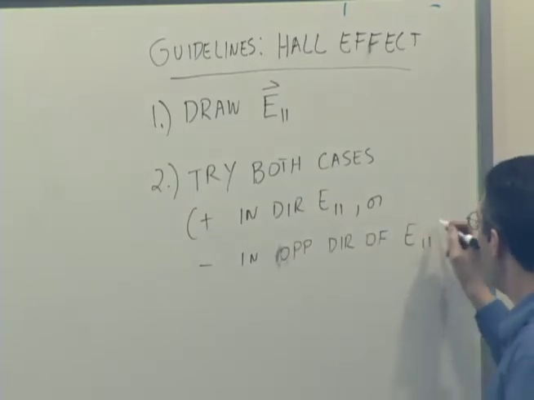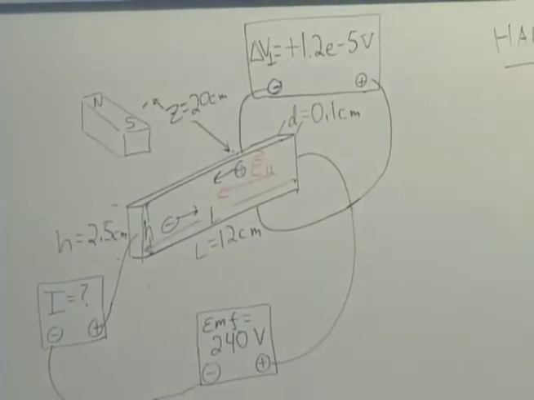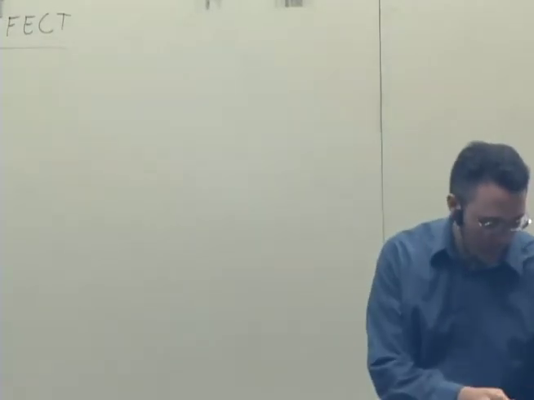What we're looking for is which case gives us the correct voltmeter reading. If we already know the voltmeter reading on this perpendicular or Hall effect voltage, then we can try either and see which one gives us the correct effect. For that we need to figure out the direction of the magnetic force on these mobile charges.